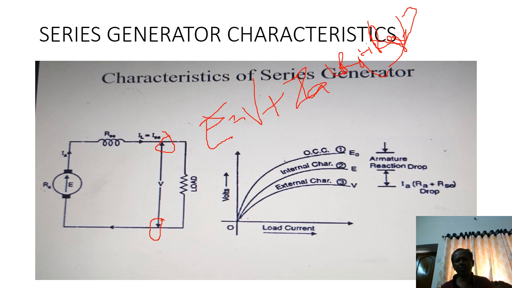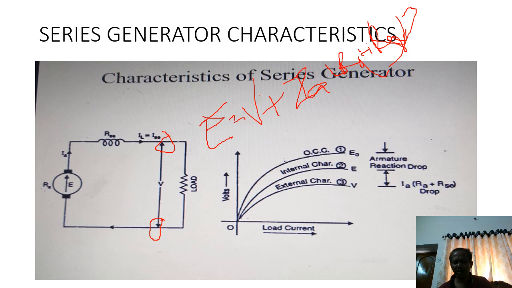Here, one is the open circuit characteristic under no load, two is the internal characteristic when load is applied, and three is the external characteristic when load is applied. These are the three conditions we are observing. This is called the armature reaction drop, and this is called the armature drop.